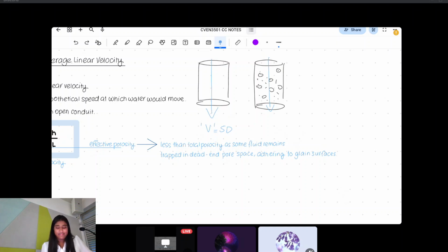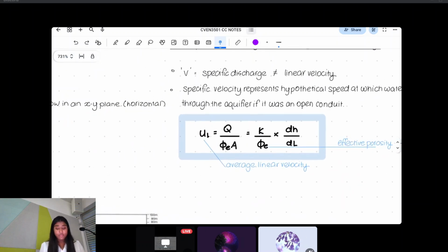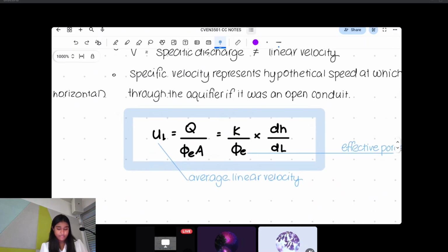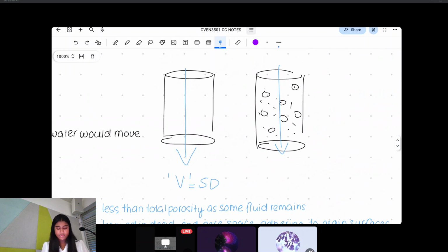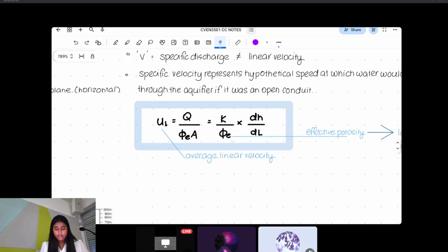I know that was a bit of a rabbit hole to go down. But essentially, there is a formula for average linear velocity, and that is the volumetric flow, because that's the value that determines how quickly these water volumes are flowing through the cylinders. And then you've got the effective porosity times the area, right?